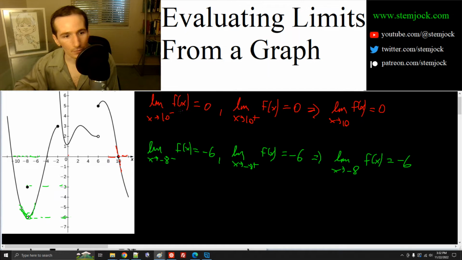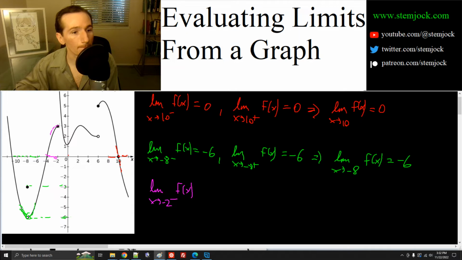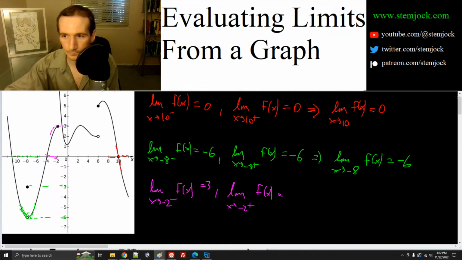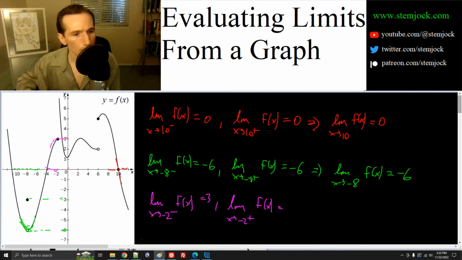All right, let's have a look now at x equals -2. The limit as x approaches -2 from the left of this function. If we approach from the left here, the y value approaches +3. Let's have a look now at the right. The limit as x approaches -2 from the right. From the right, the function goes higher and higher, all the way up to 7.